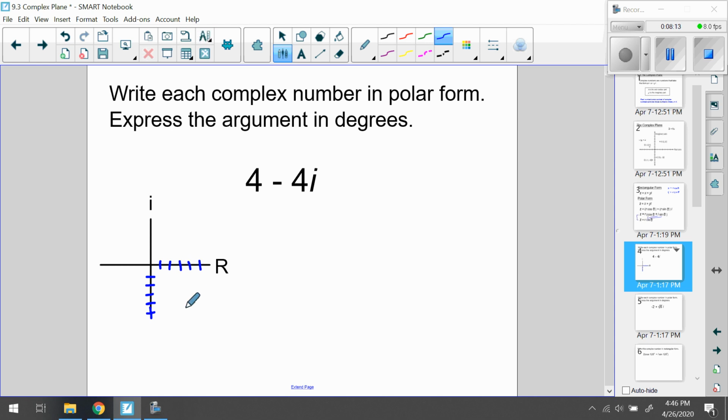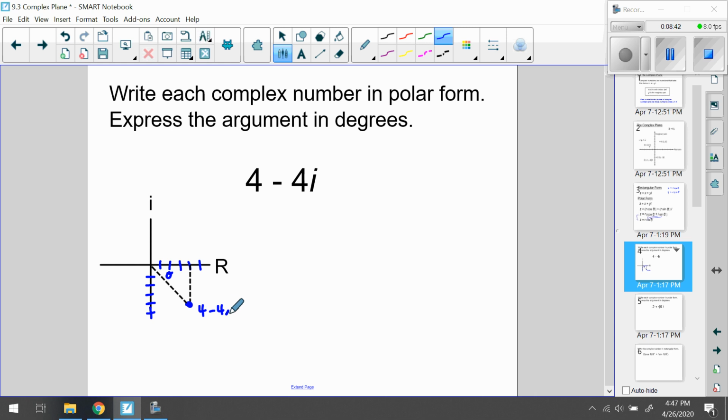And so if I go over 4 and down 4, that's going to put me right about here. And this is where my angle would be. This could be helpful to me in just a minute. In fact, I'm going to go ahead and draw my triangle and think about my reference angle, because that's going to help us out with the second part of this. And so here's our coordinate, 4 minus 4i.